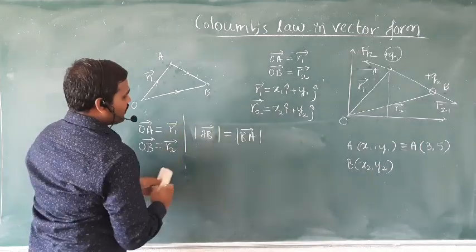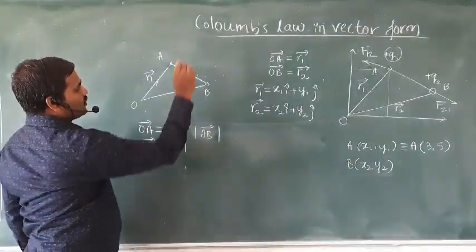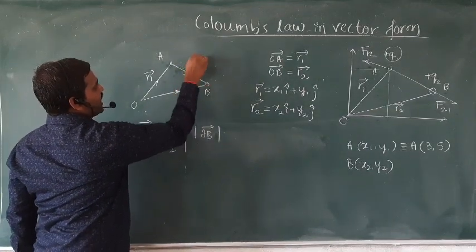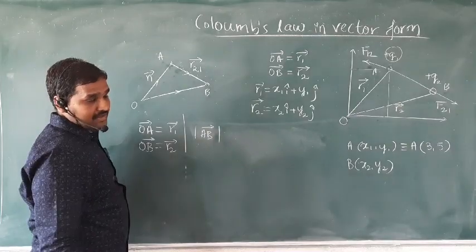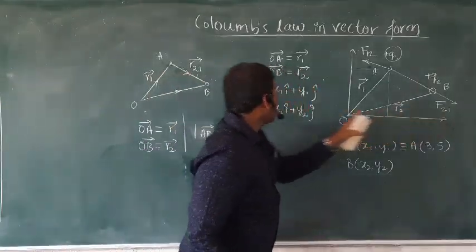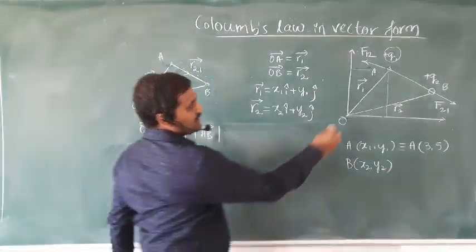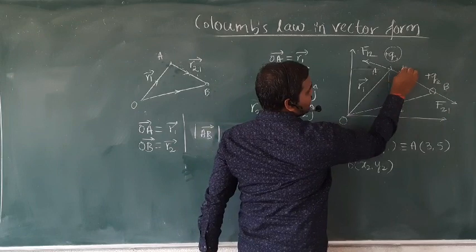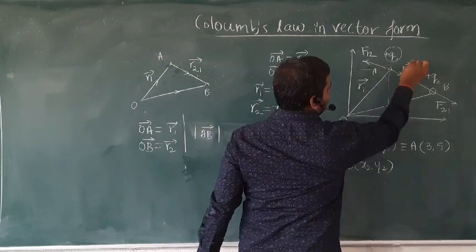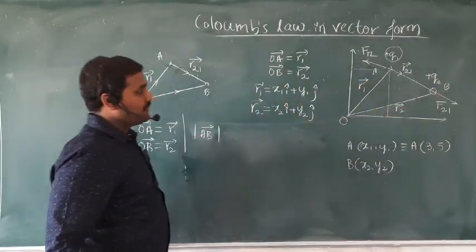This distance, let me write it as the position vector R21. Now I am considering only F21, so I will write it as the position vector R21. This R21 I represent along A to B. This is vector R21 from A to B.